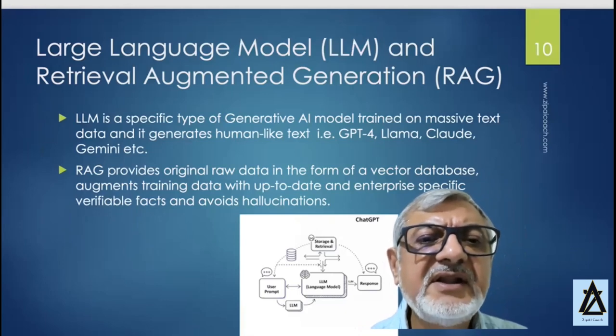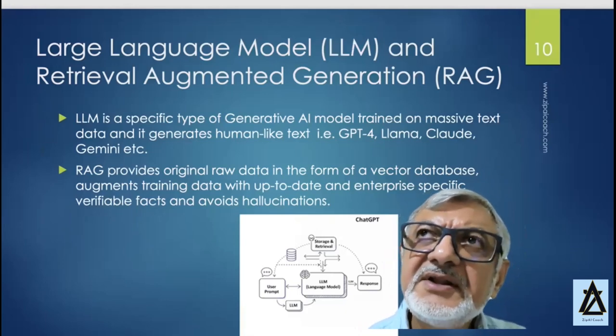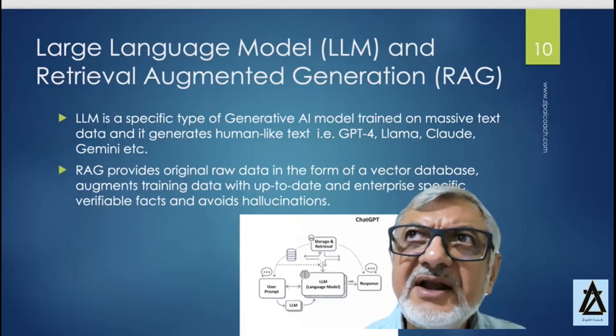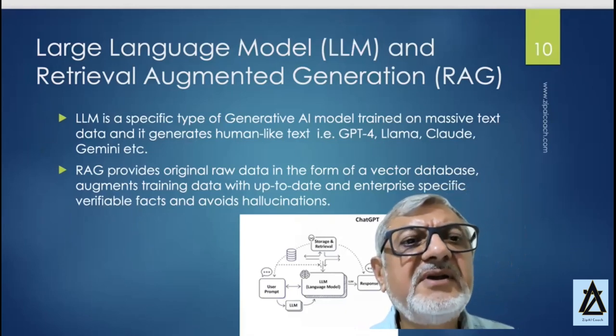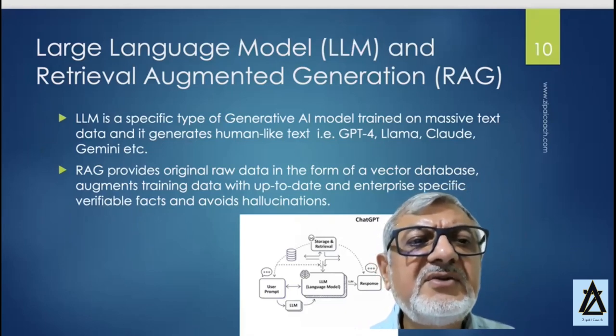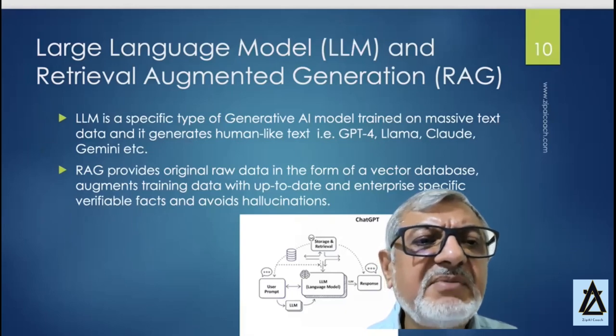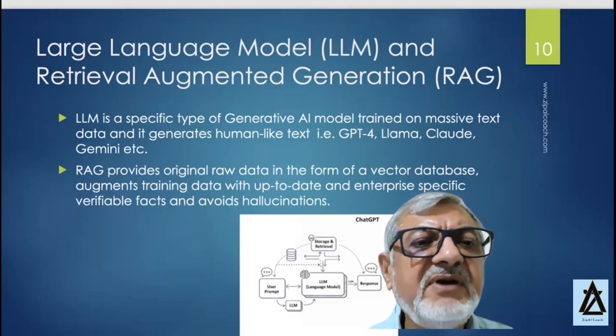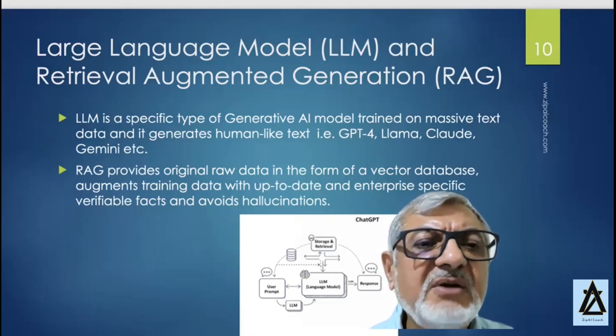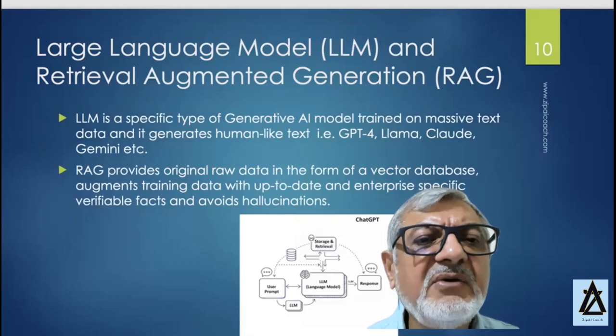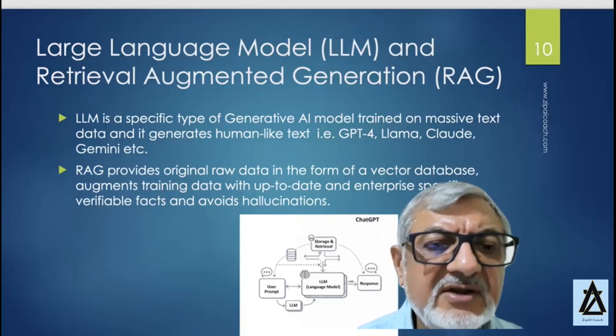But if it has access to the RAG storage, which is a vector database where the information is stored, which is more specific to the enterprise and has verifiable facts, then the output coming from generative AI can avoid the hallucinations.